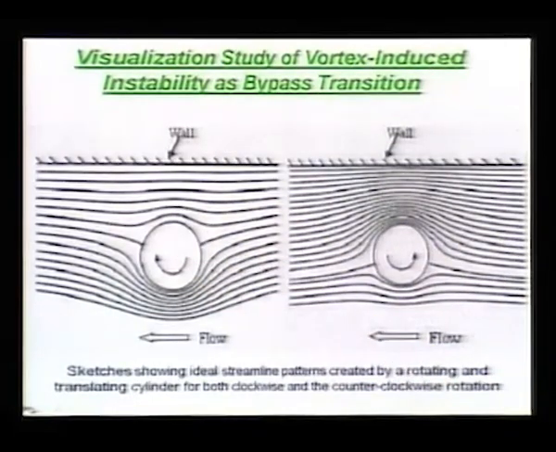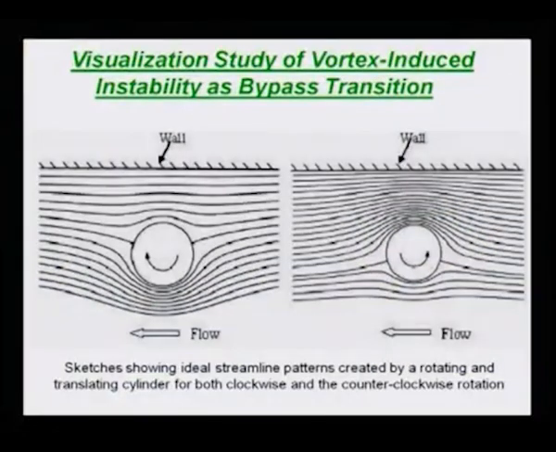Whereas, in this case, what is happening, this side is decidedly favorable pressure gradient because the streamlines are converging, and on this side flow is decidedly unstable because it is constantly unstable. Okay. So, this is the picture that we draw out of simple streamline consideration.